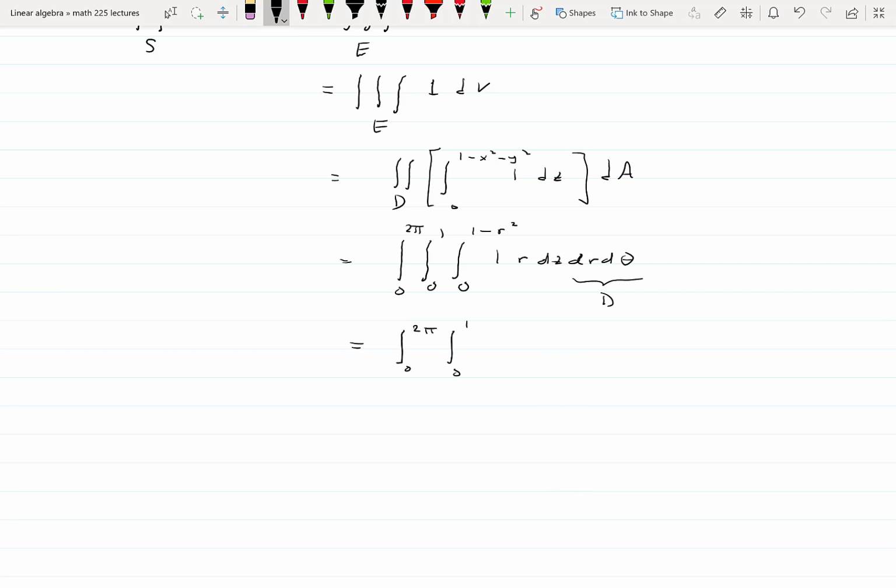The integral of r dz is rz, as z goes from 0 to 1 minus r squared. It takes almost no time at all, but changing our point of view gives us a very different computation. So, the integral from 0 to 1, r times 1 minus r squared dr d theta.